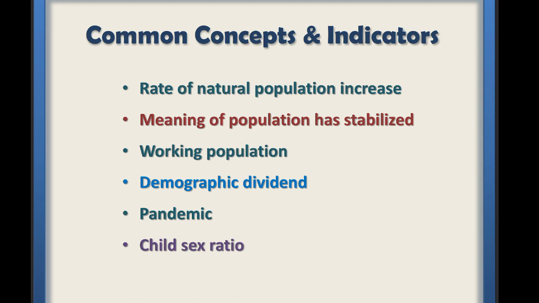Consequently, a rising dependency ratio is a cause of concern for countries, especially those which have a large aging population, say, for example, Japan. Now, how is that a cause of concern? Because there is a relatively smaller proportion of working population as compared to the larger proportion of the non-working population, and this becomes difficult for that small working population to carry the burden.